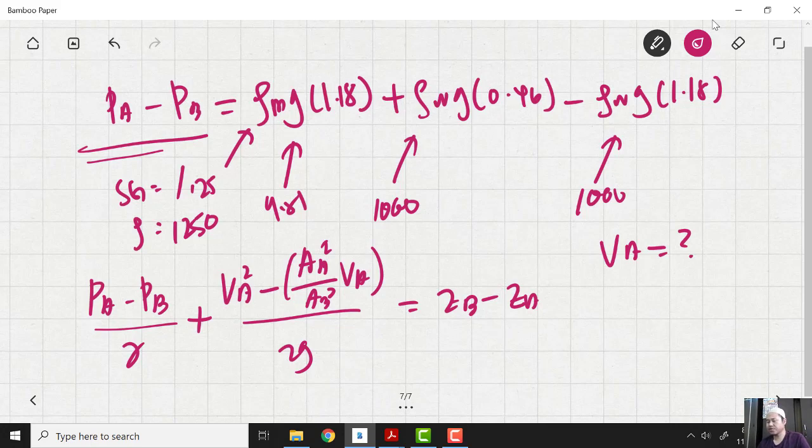After you solve the value of VA, you can use the equation Q equal to AA VA to find the volume flow rate. So you can solve it here, you need to solve it yourself. This is your second homework.